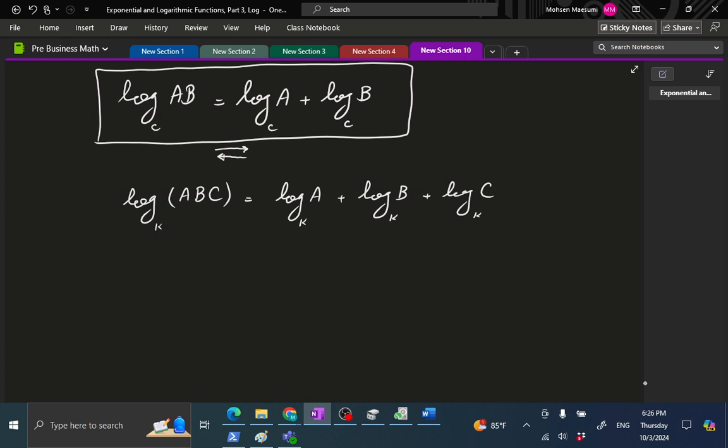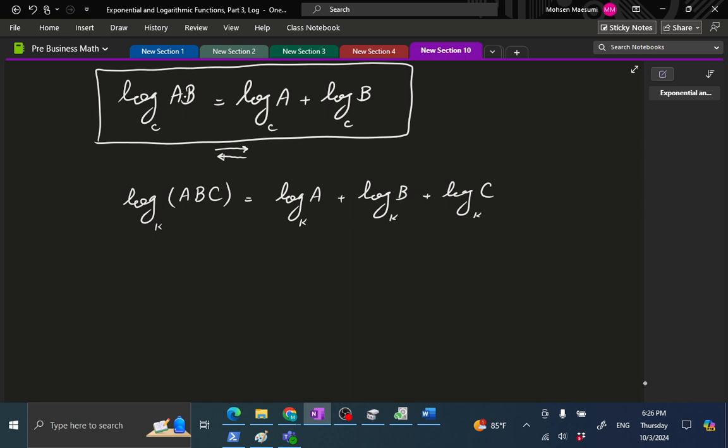Why is this rule so important? In a sense, this was a computer of its own time. When this idea came out in the 16th, 17th century, this simple formula acted as the computer of its own time. Why is that so? Let me just give a brief explanation. You remember from elementary school that multiplying numbers was a rather painful chore.